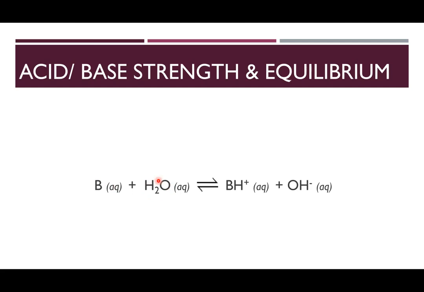We put it into water. Bases are proton acceptors. So our base will always add that additional proton. So that's what we see, the BH plus over here. It added the proton. And then our water here is acting as an acid, so it's a proton donor. So when it gives away that proton, that's where we get that OH minus coming out.